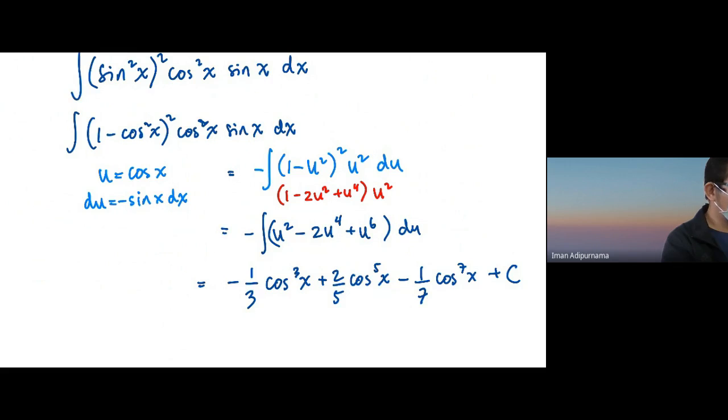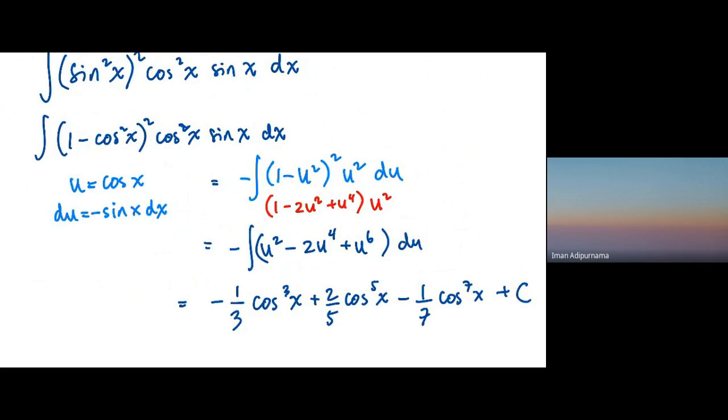Okay, so one idea, if you see any sine and cos, and it has some power, look at which one is having the odd power. So this is 5 and 2. So the 5 one we need to separate, and we can exchange to u for the even one, right?